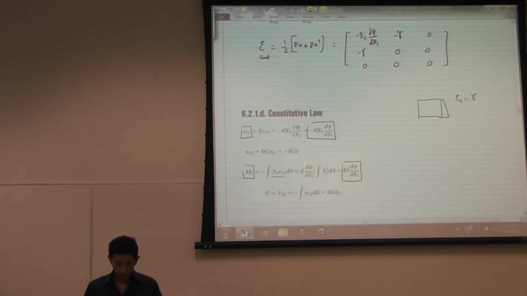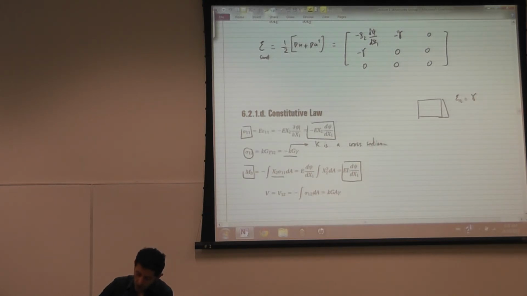The shear stress, kind of an average shear stress acting on the whole cross section, is equal to negative K multiplied by G gamma, where K is a factor for the bending on the cross section.